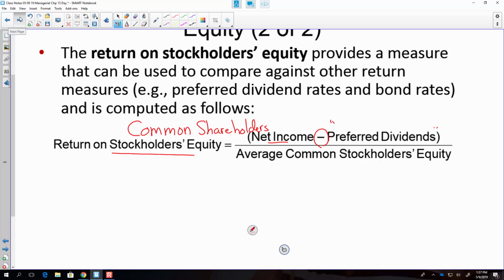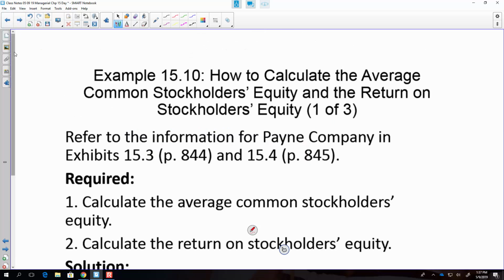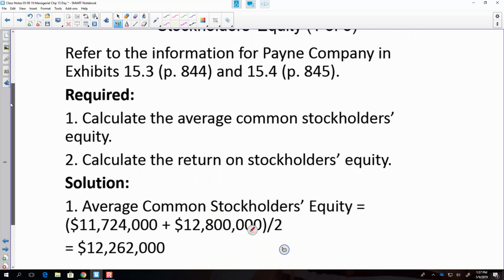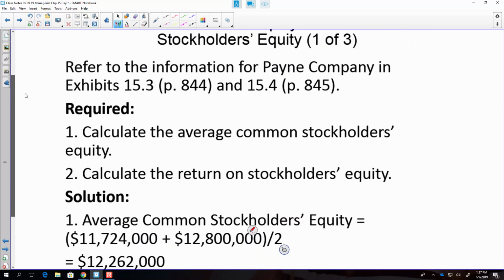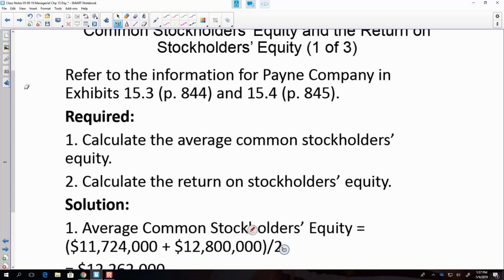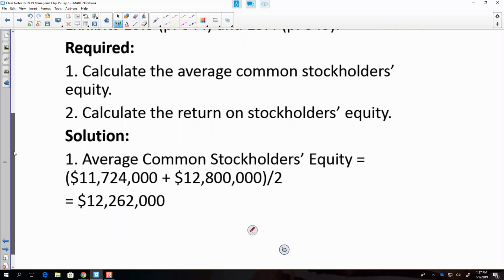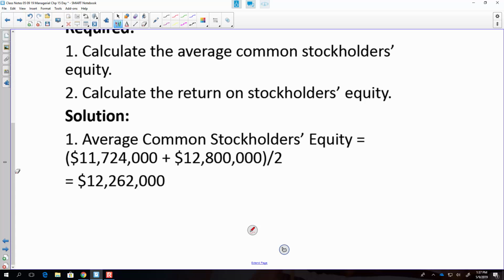Now, this is an average. Obviously, that would mean you look at the beginning and the end of the year. The example on pages 844, 845 has this computation, and the data for this is on these two pages. I just want to mention these two numbers here.